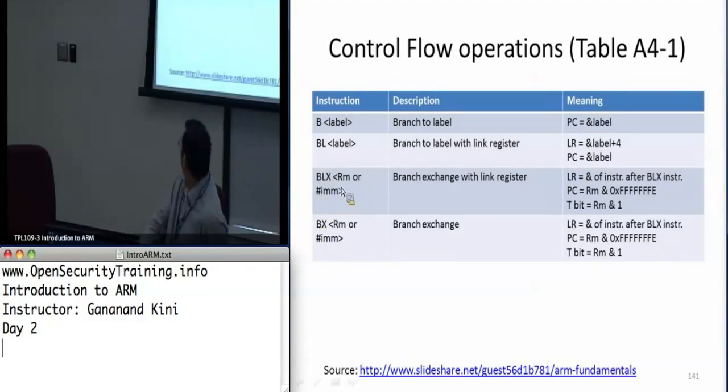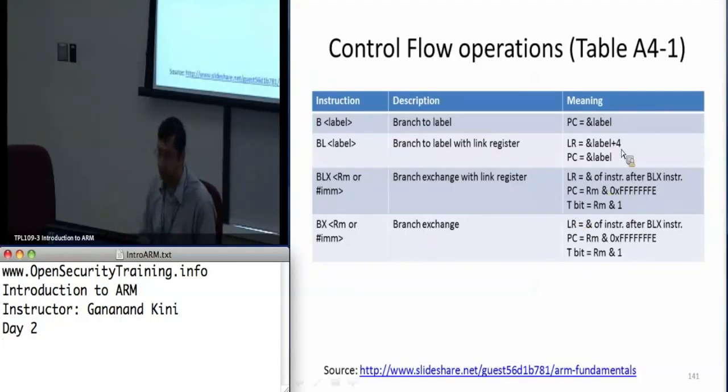For branch with link and BLX, branch exchange with link, what happens is you have the link register. So the link register actually gets updated with the address of the label +4, and the PC gets assigned the address of the label. And this is because you have the whole pipelining occurring.